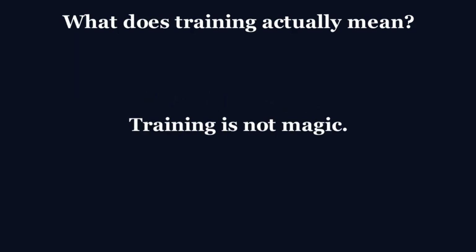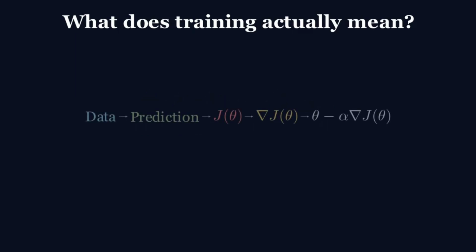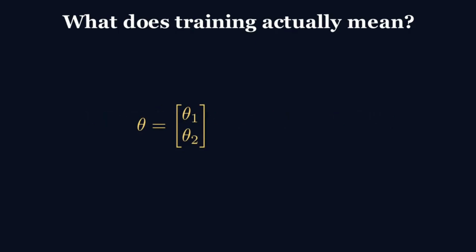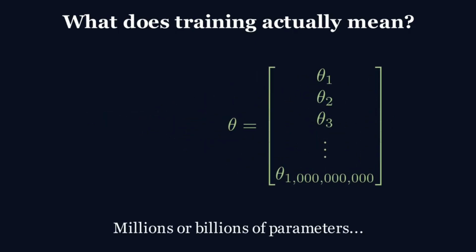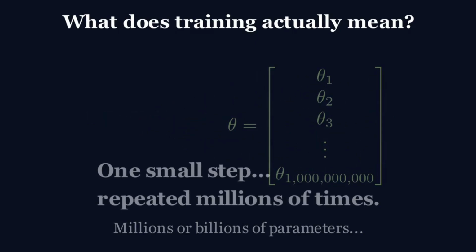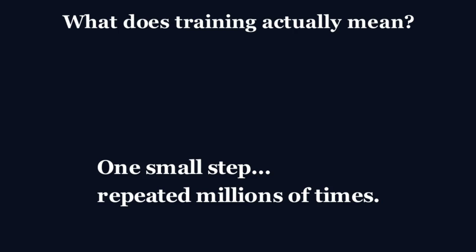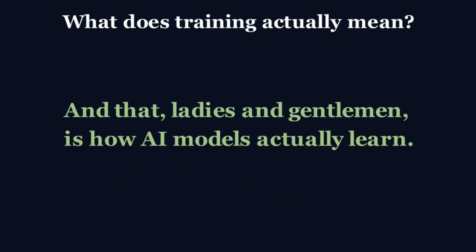It isn't magically becoming intelligent, it isn't inventing new mathematics, it's simply following the process we've built together. A neural network might have millions or even billions of parameters, but the underlying idea is still the same. One small step repeated millions of times. And that, ladies and gentlemen, is how AI models actually learn.